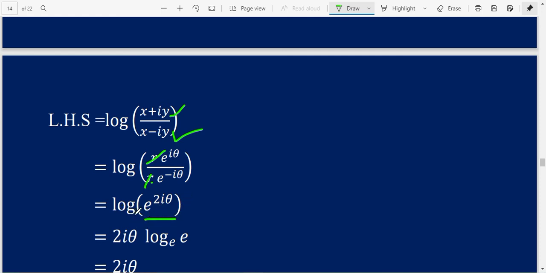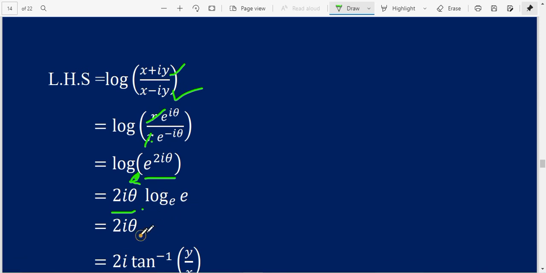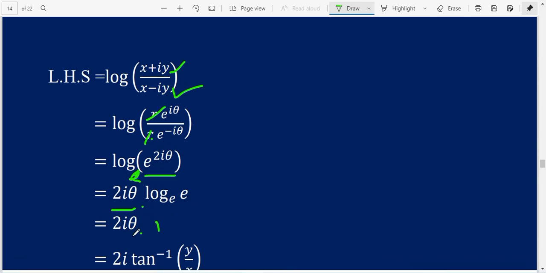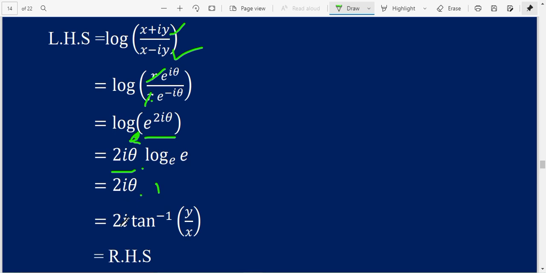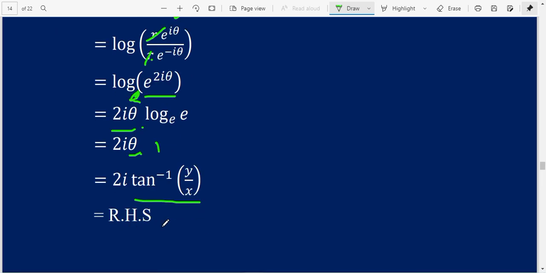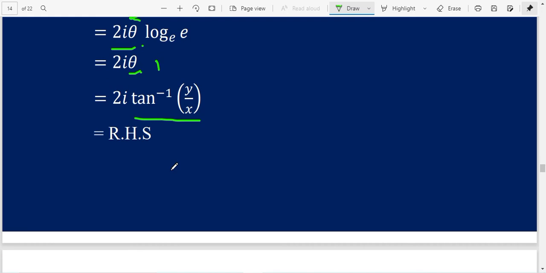Now log base e of e raised to 2i theta is 2i theta into log base e of e. Log base e of e is equal to 1. So 2i theta, and the value of theta is tan inverse y upon x. So this is the right hand side. Complete the proof.